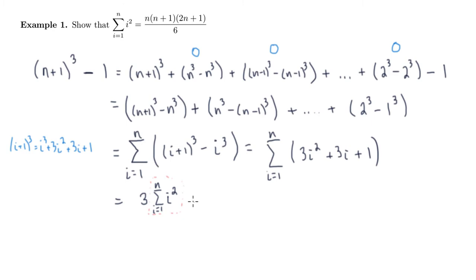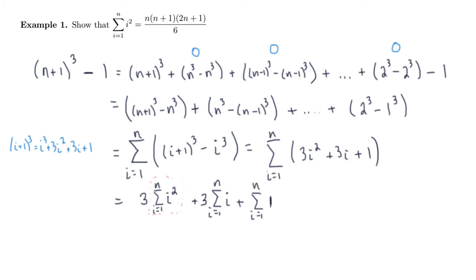Okay, and then what's left? We have plus 3 times the sum i equals 1 to n of just i, and we actually know what that sum is, and then the sum i equals 1 to n of just 1.